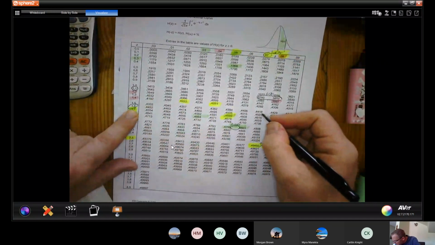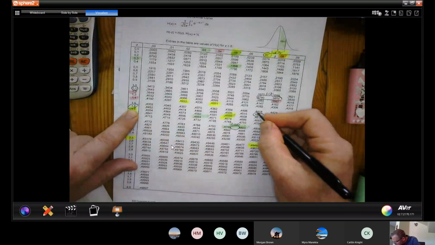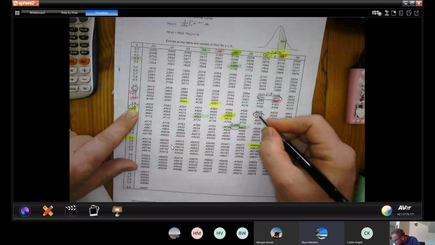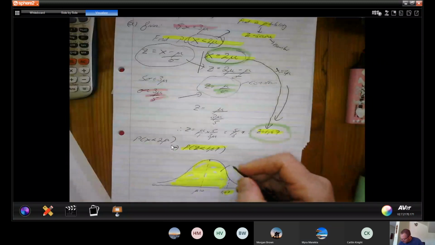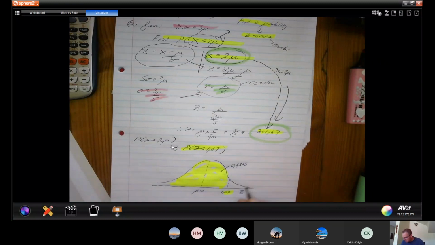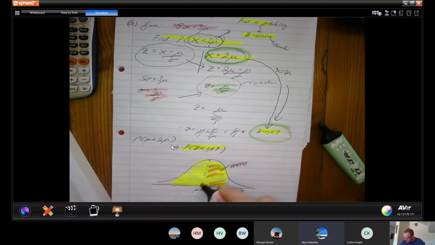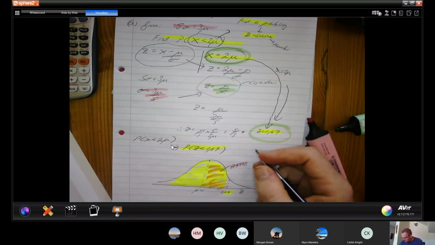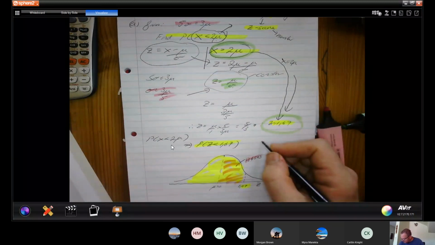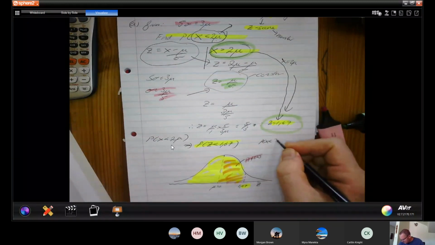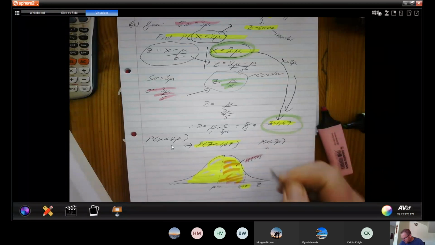Right, Myra, what did you get for a Z score of 1,67? 0,4525. Fantastic stuff. So that gives us this bit over here. But the question wants the whole of the yellow region. That 0,4525 is just that region over there, right? So for the total region, the probability that X is less than 2 mu, what do I have to do to that, Myra?